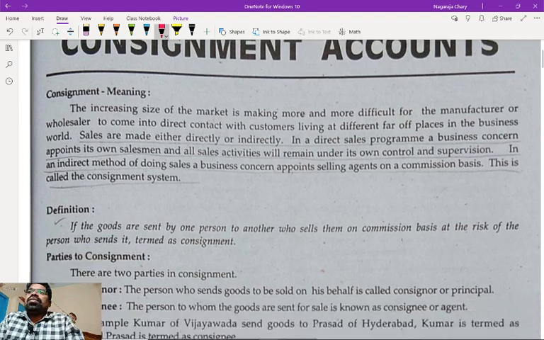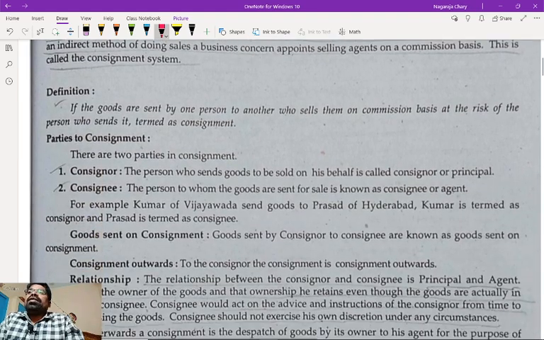Here we first see there are two parties. The first person is the consignor and the second person is the consignee. Who is the consignor? The person who sends goods to be sold on his behalf is called the consignor or principal.